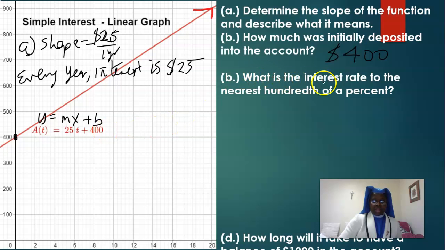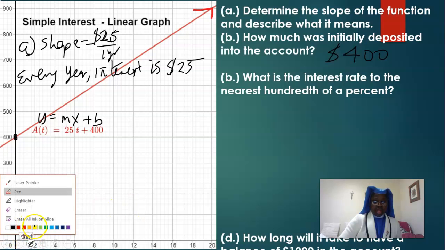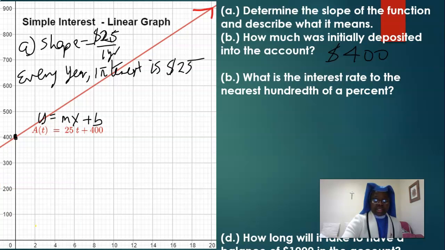And then what is the interest rate? All right, the interest rate. Let me write down. If we match the interest, the amount is going to be the interest plus the principal.